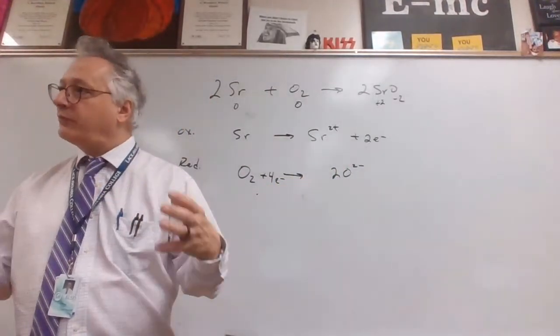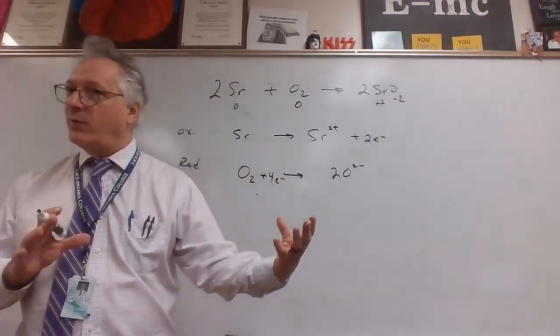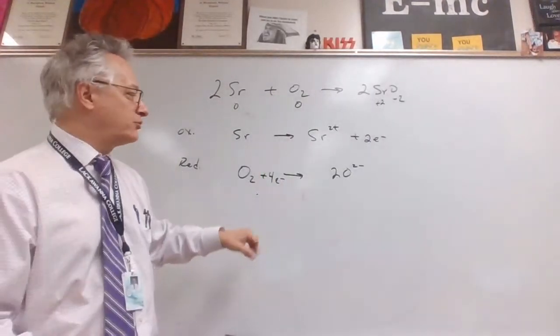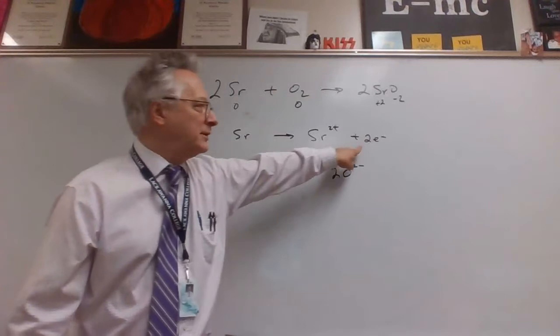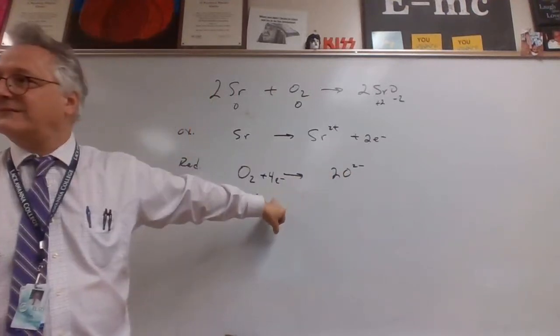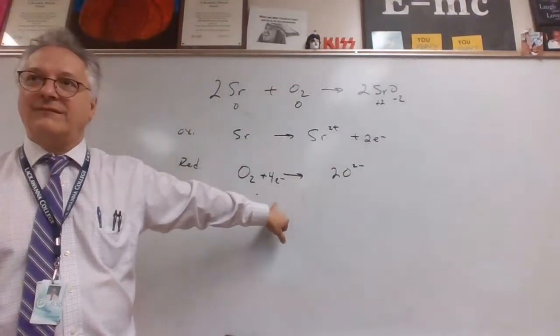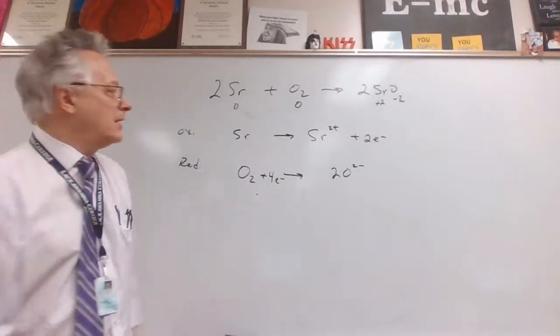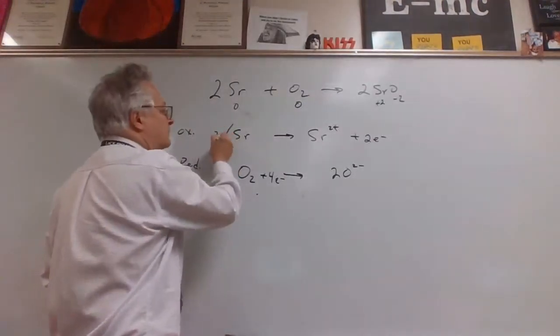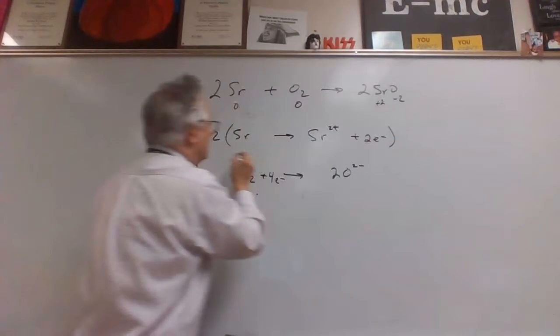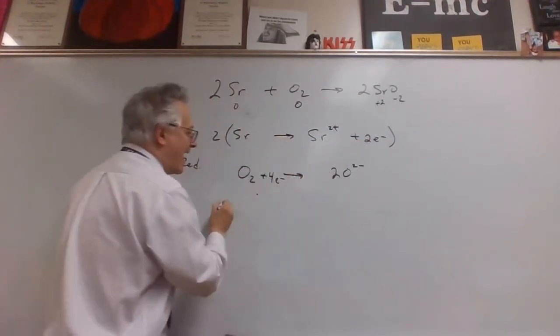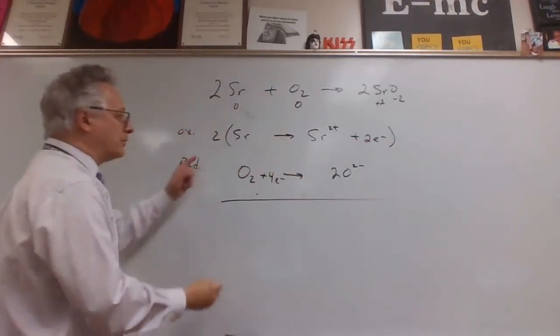We can multiply through, just like balancing equations, to get the same number of electrons. So the least common multiple between 2 and 4 is what? 4, right? So if I multiply this by 2, that 2 is going to distribute, and when I add them up, lo and behold, look what happens.